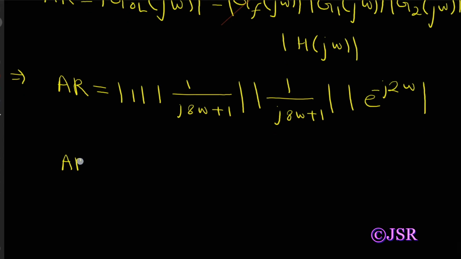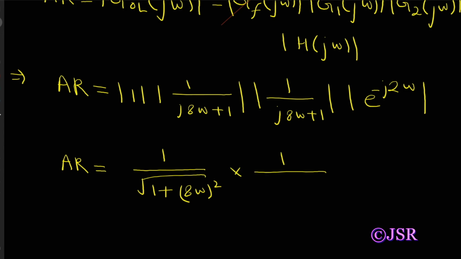So the amplitude ratio will be equal to 1 upon under root 1 plus 8 omega square, into 1 upon under root 1 plus 8 omega whole square, into 1.